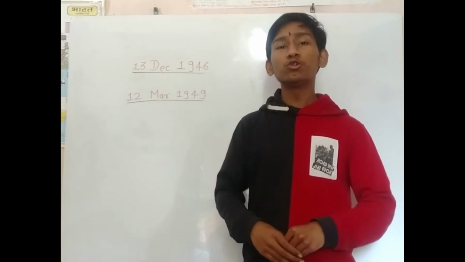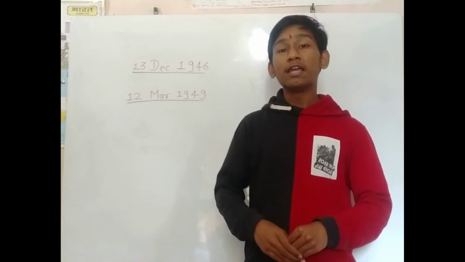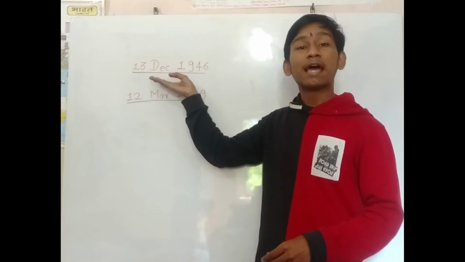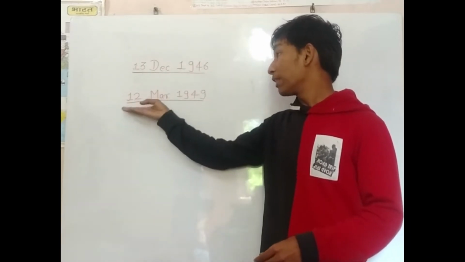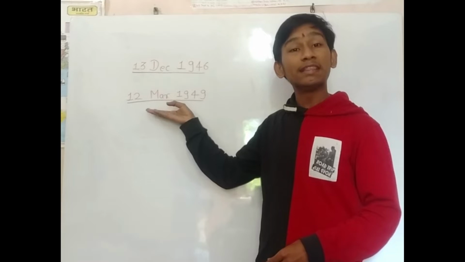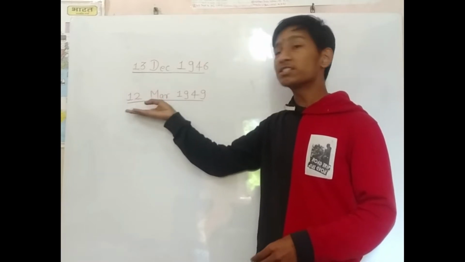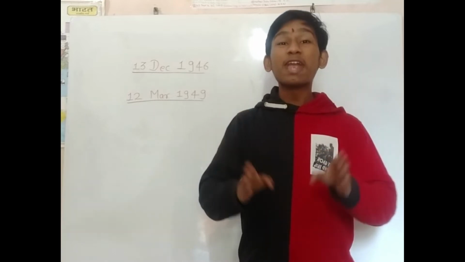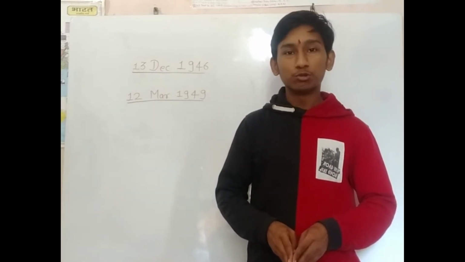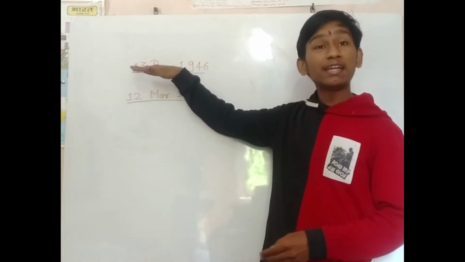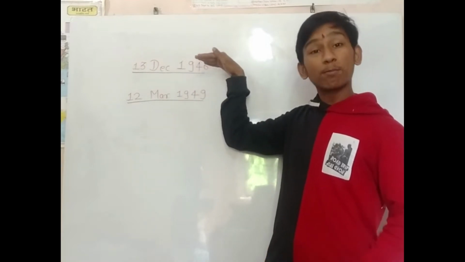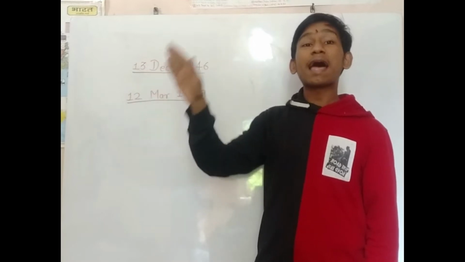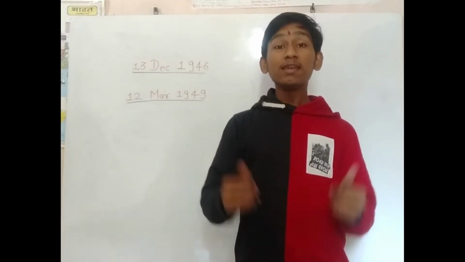Afterwards, on 12th March 1949, it was accepted as the preamble of the Indian Constitution. It means on 13 December 1946 it was the objective resolution, and on 12 March 1949 it was accepted as the preamble.